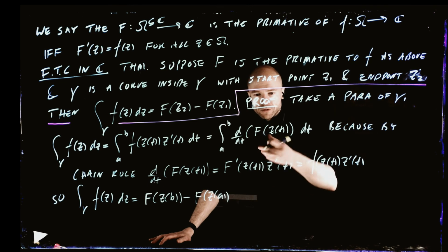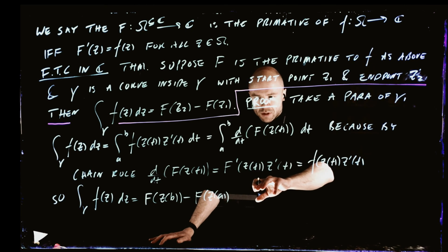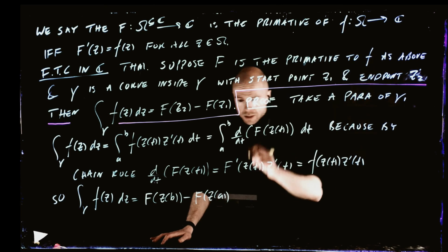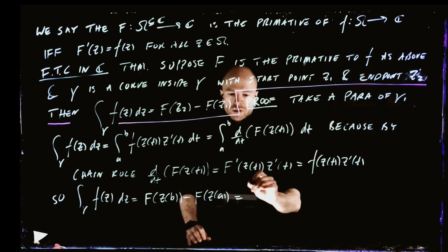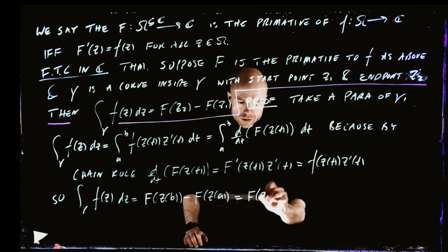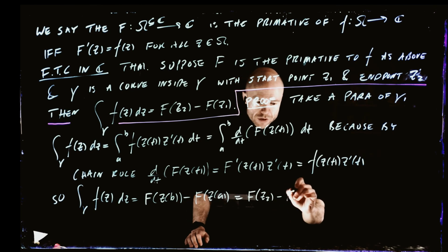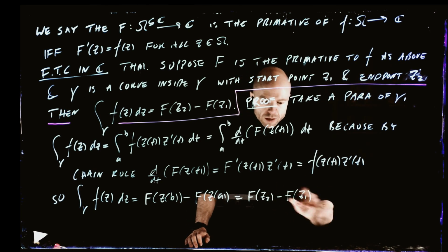Write out the complex number algebra to convince yourself that this is true. And then this is exactly our statement. So this is F of this endpoint minus F of this start point.